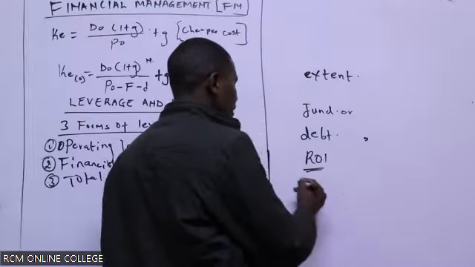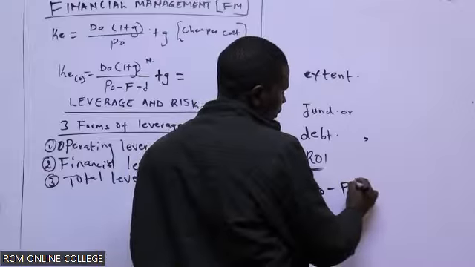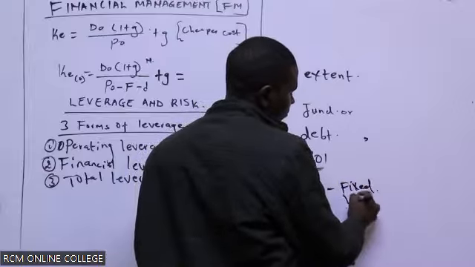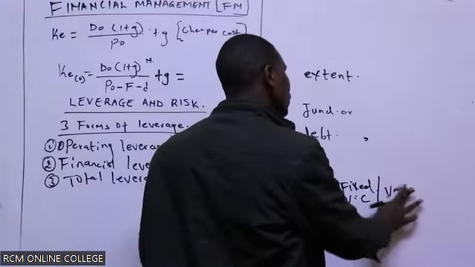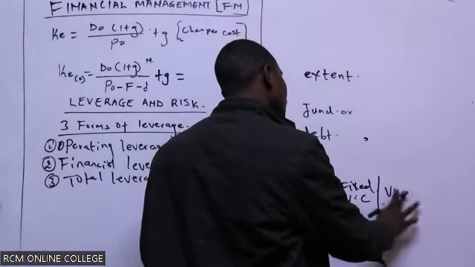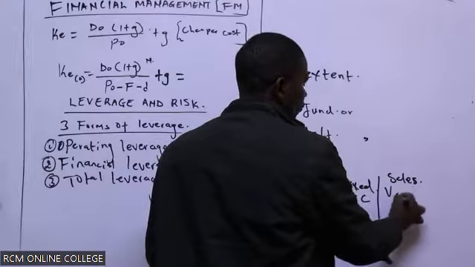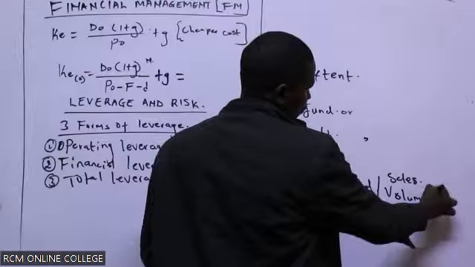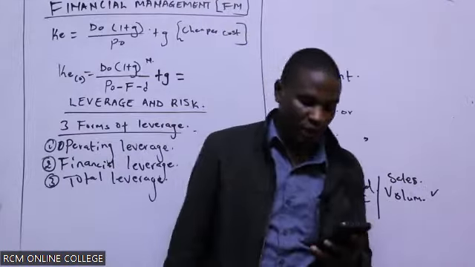So you're looking at the ratio of fixed cost and variable cost, and then there is a sales volume somewhere. So hizo ndizo terms tutakazokuwa tunaangalia.